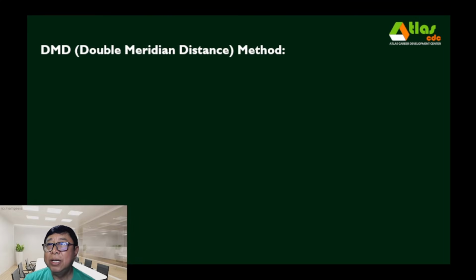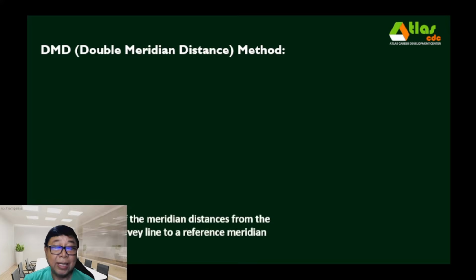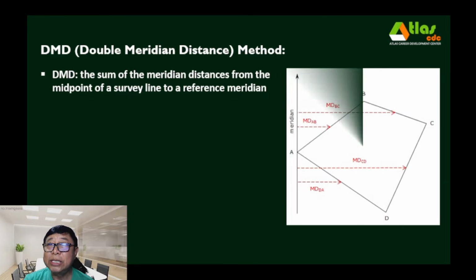DMD is double meridian distance. It pertains to the sum of the meridian distances from the midpoints. If this is the midpoint of a survey line, that is the meridian distance to a reference meridian. And we sum all of these meridian distances, which will be your DMD.